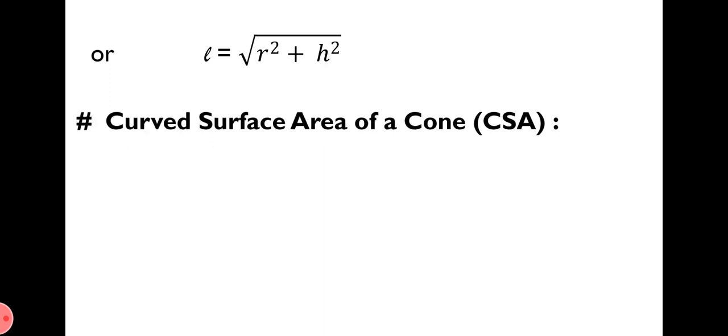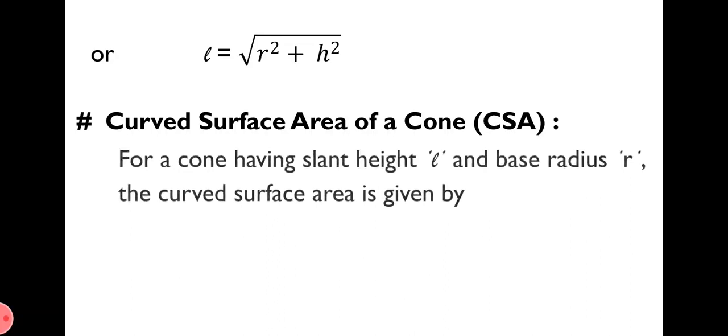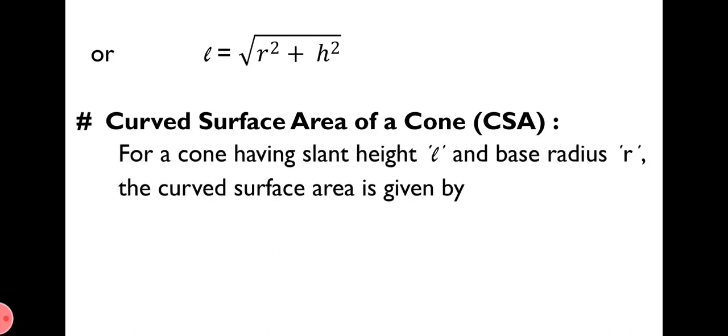Now, curved surface area of a cone, that is CSA. For a cone having slant height L and base radius R, the curved surface area of a cone, that is CSA of a cone, equal to half into L, that is slant height, into 2 pi R. Here we are applying the general formula to find the area of a triangle, that is half base into height.